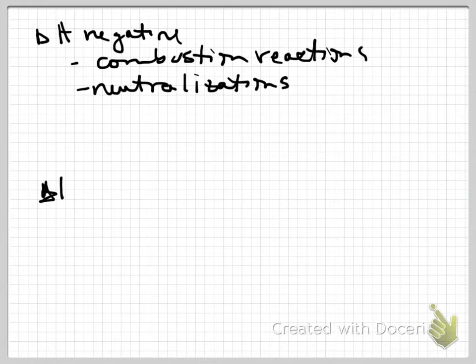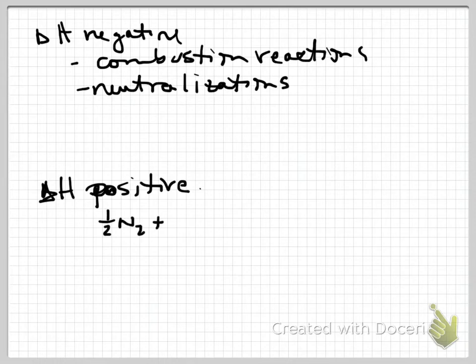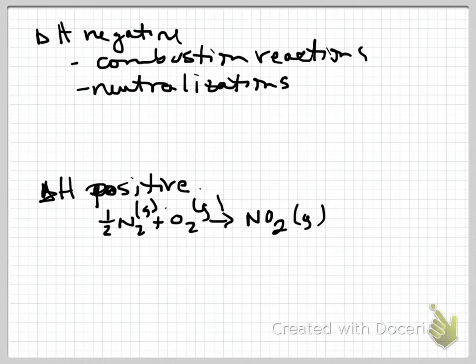I don't think there are many general things for the endothermic change. Things like nitrogen reacting with oxygen to form nitrogen dioxide. This is all gases. This is an endothermic change.